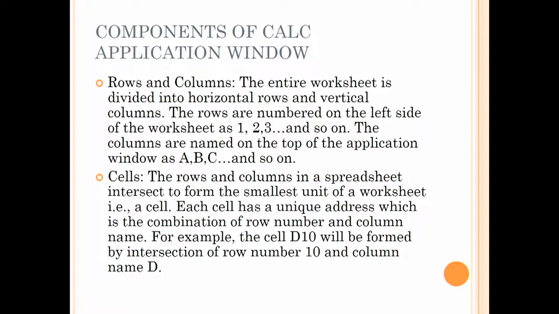For example, the cell D10 is formed by the intersection of the row number 10 and the column name D. That is how a cell address is formed. Suppose we take row number 7 and the column name A, then A7 would be the cell formed from the 7th row and first column, which is the A column, and hence the name A7.